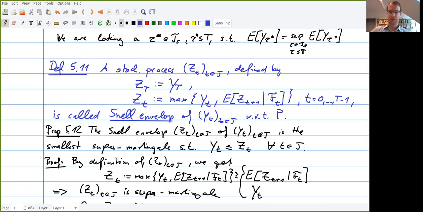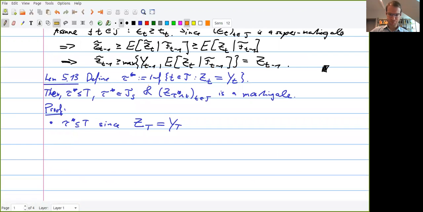This is what you should keep in mind for today. So at the terminal time, we definitely will stop, because Z_T is equal to Y_T. So the Snell envelope at the terminal time is equal to the given process Y at time T. Okay, so this is simple.